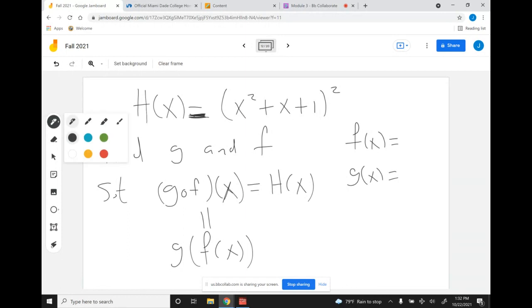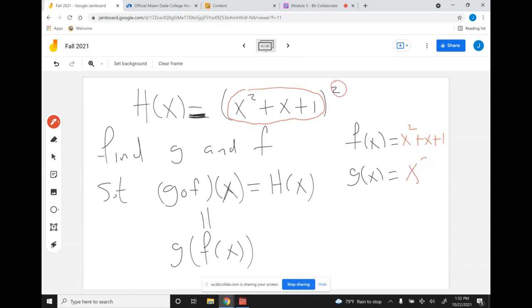All right, so now, think about it, look at it before you do anything crazy, just develop a strategy. Look at my inner function. All of this will be my inner function. There. And my outer function will be x squared.